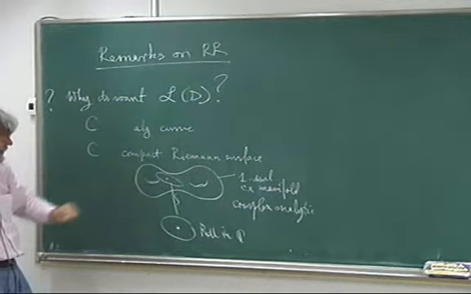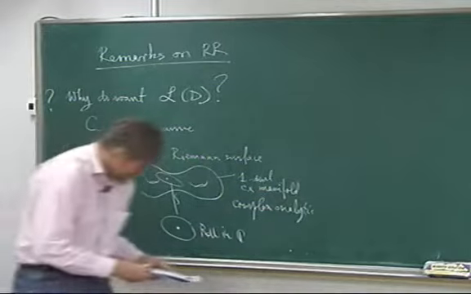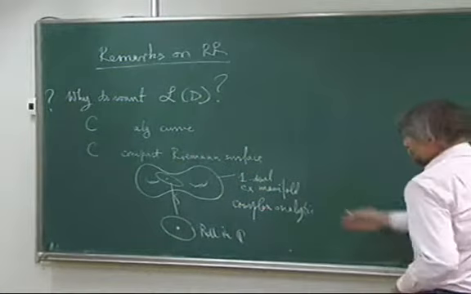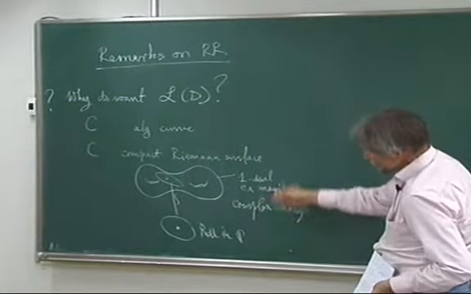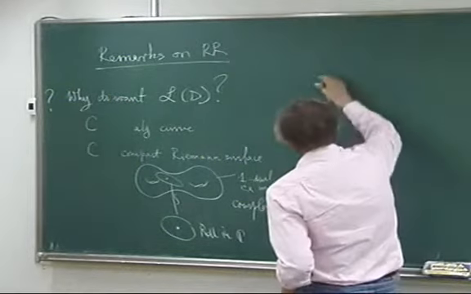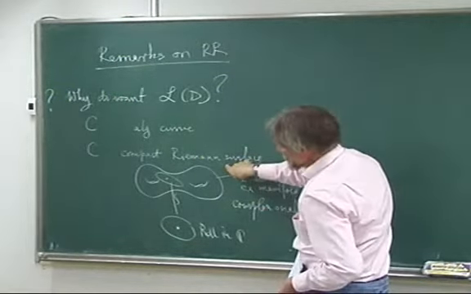So I'm insisting compact here. So if you adopt this point of view, and this was really Riemann's point of view, you want to know, what can I do with C?